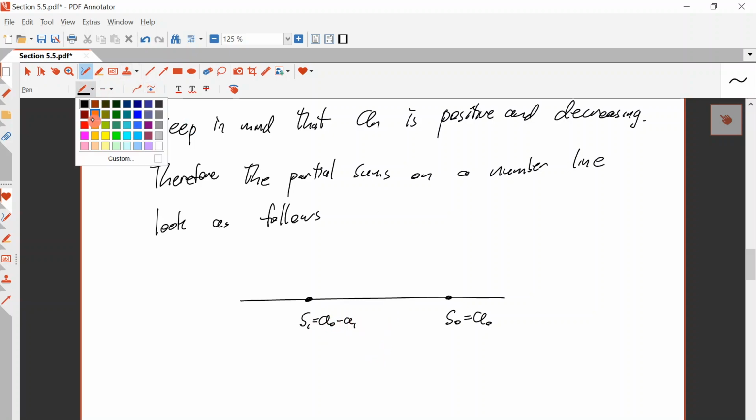And the distance between these two, right, is A1. The difference between these two is A1. Alright, let's take the next partial sum.